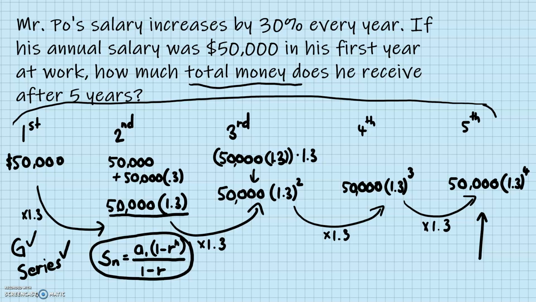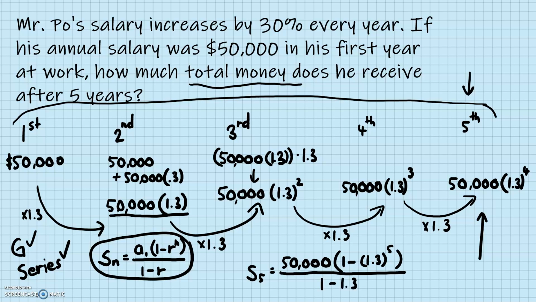It's asking for after 5 years, so n would be 5. A1 is going to be 50,000. That was the first term. Then we have 1 minus, the common ratio is 1.3, raised to the 5th power. And then we have 1 minus 1.3 in the denominator.